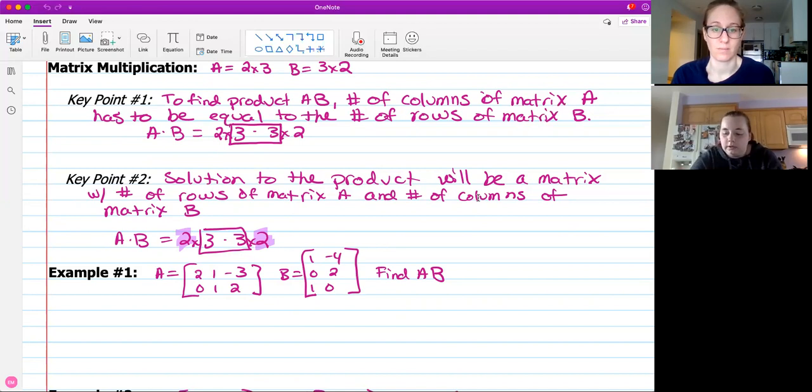So the matrix AB will be a 2 by 2 matrix.